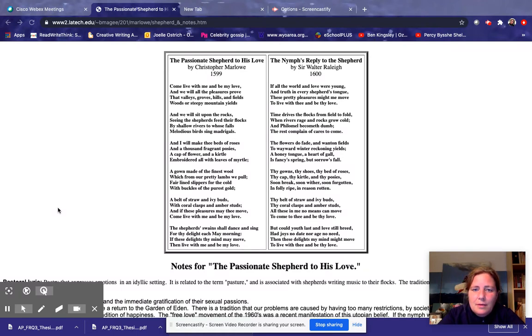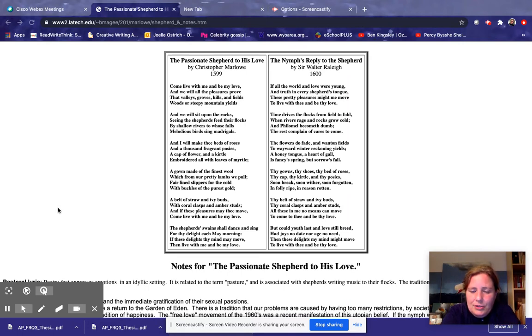Now, it's not uncommon to have two poems either written by the same poet or even by different poets that speak to each other. It's something that they've taken out of the AP test, so I'm not going to drive it into your head, but just be aware that poets often will write poems to each other in different voices, and it's really kind of interesting. Okay, so we have Sir Walter Raleigh and The Nymph's Reply to the Shepherd.